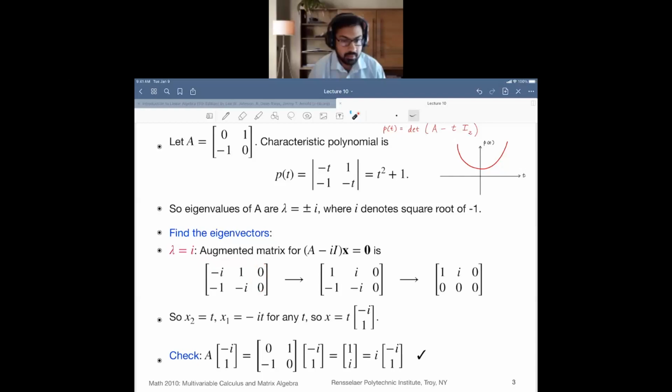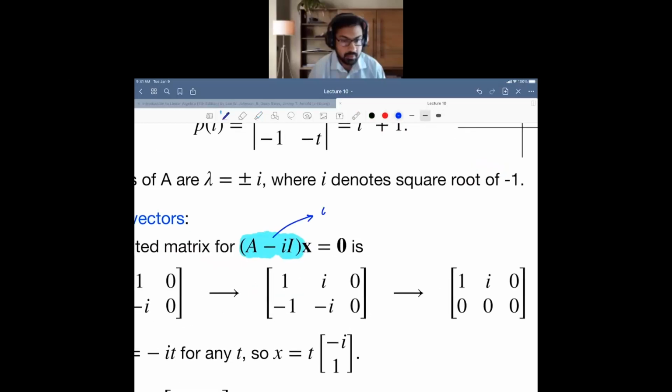Now from here you can use row reductions to find the solutions to this, because we want to find the null space of A minus iI, right, for the eigenvector. What we want to find is the null space of A minus iI.